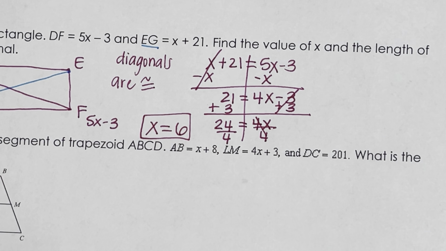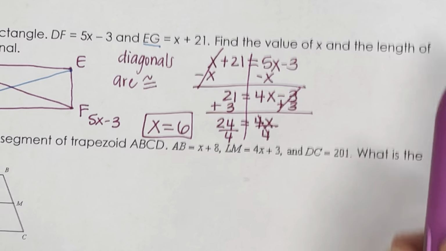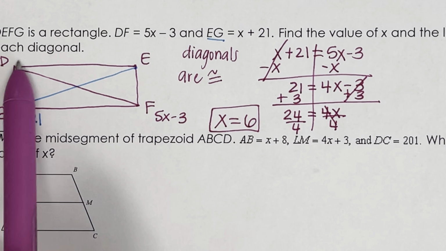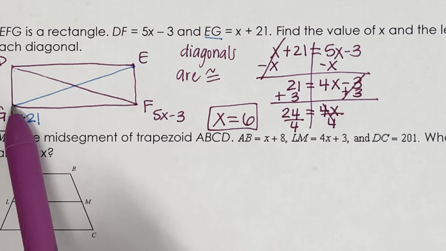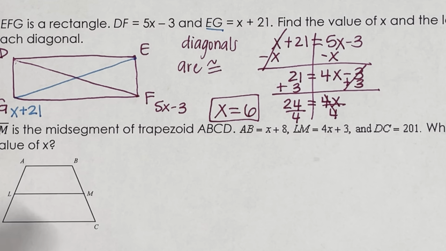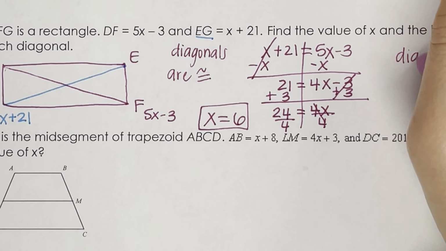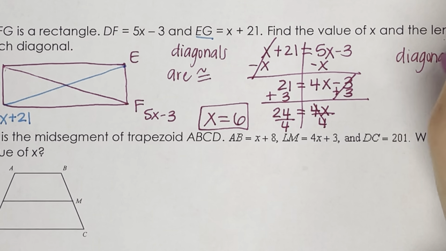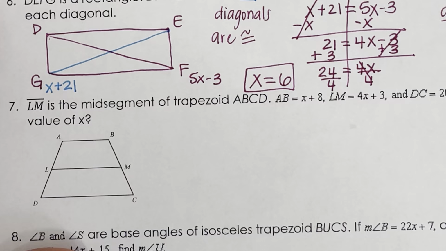Now, the other part of the question says, find the length of each diagonal. So this is a diagonal and this is a diagonal. I need to take my answer and plug it in. It doesn't matter which one you plug it into because I should get the same answer regardless. So because of that, I'm just gonna plug it into the easier one.